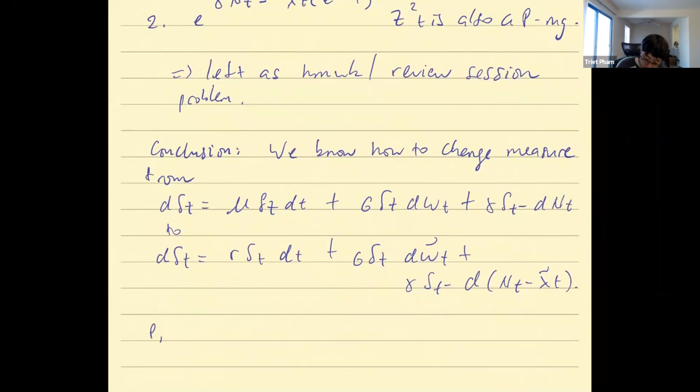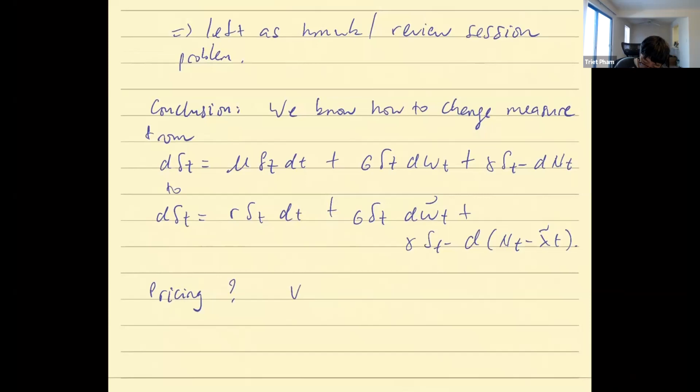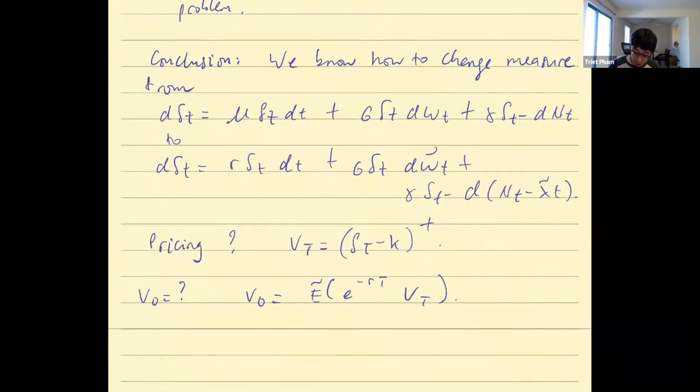So what about pricing? Suppose that now I have a call option on this. What is V0? Well, for one thing, the pricing equation stays the same. V0 is still this, which is equal to this.